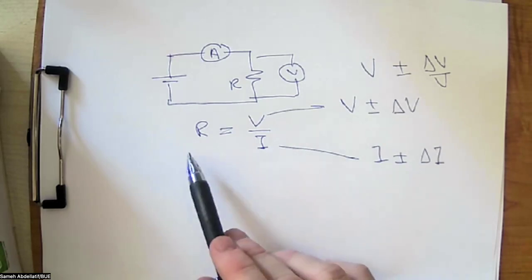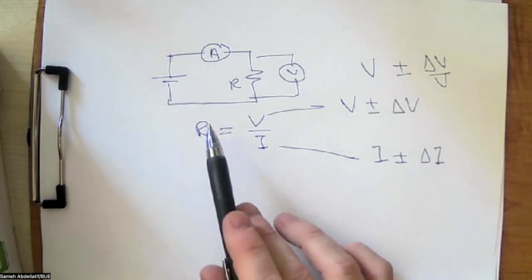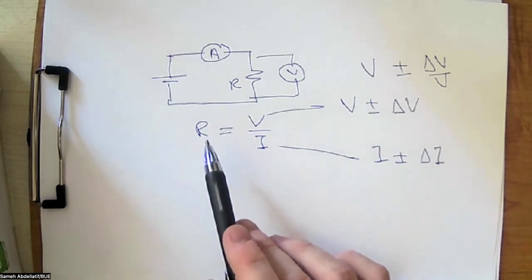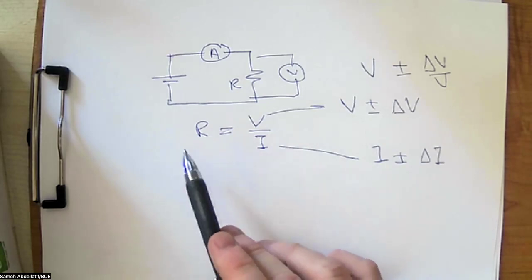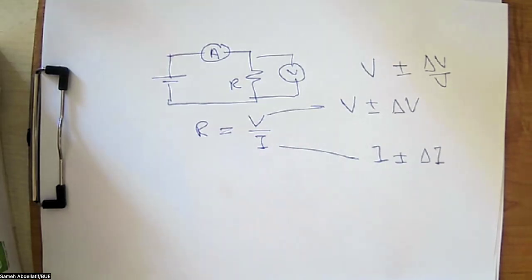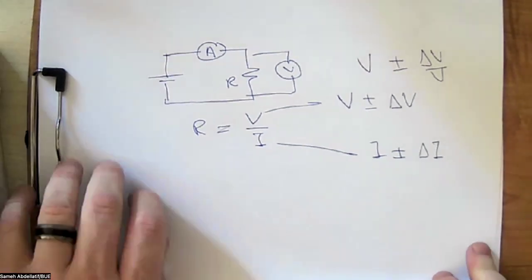So calculating the overall variation, either the absolute or relative error of the output parameter, is very important. So let's consider some examples.